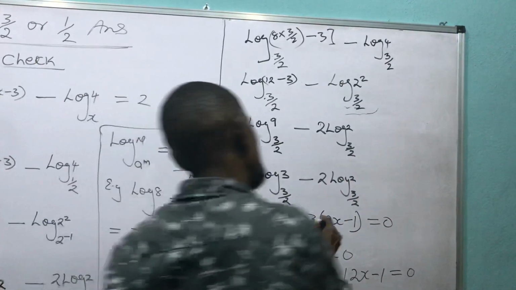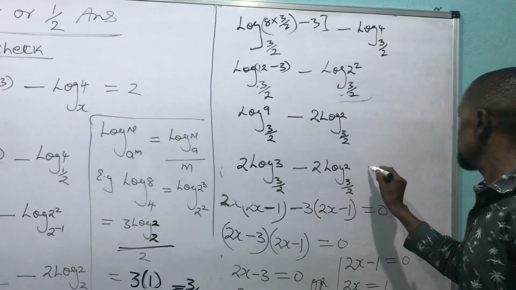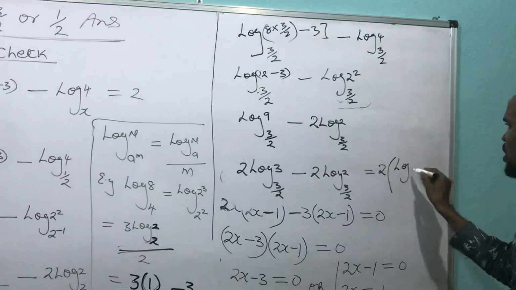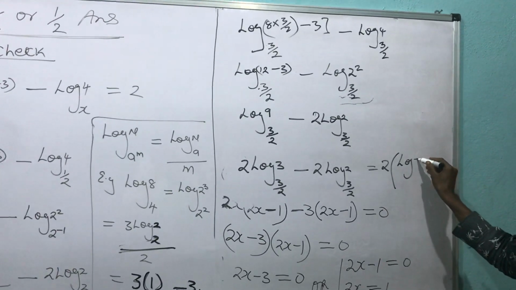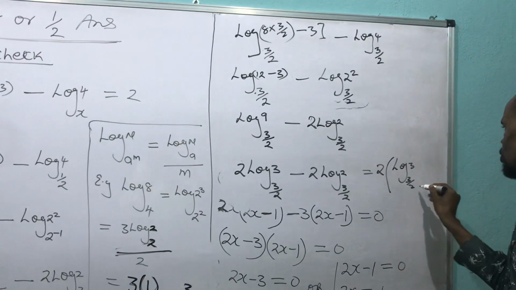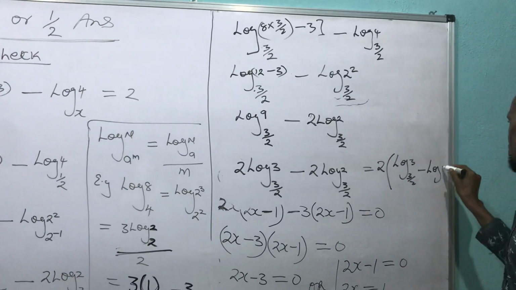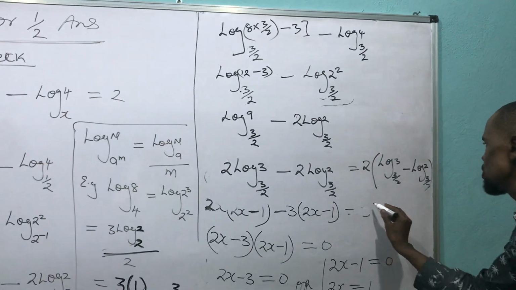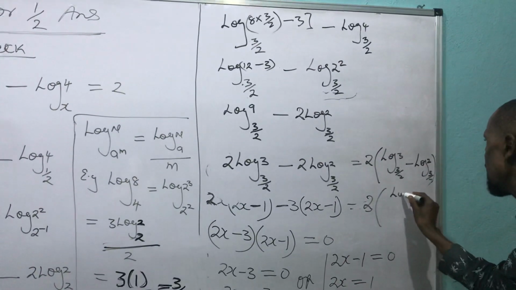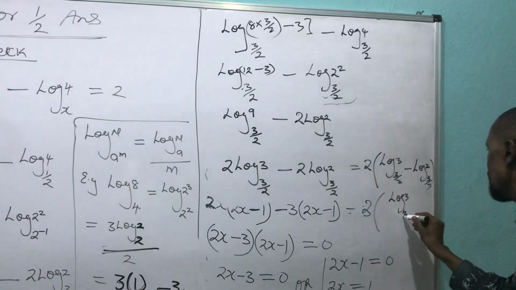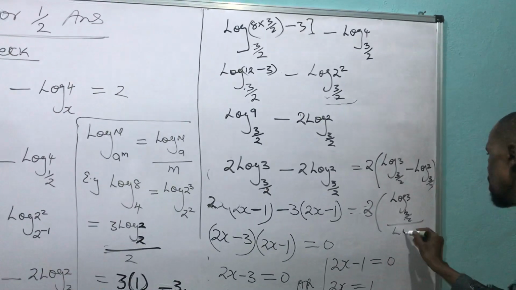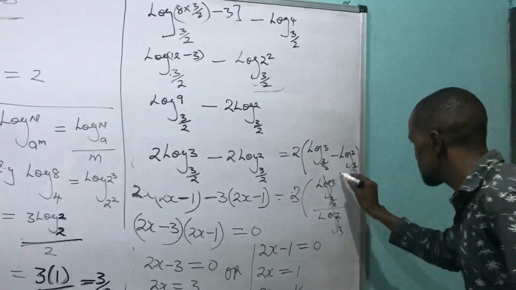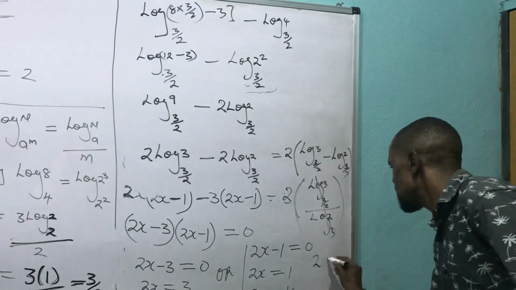And what is common over here? 2 is common. I bring it out. I have 2 into log 3 base 3 over 2 minus log 2 base 3 over 2, which is the same thing as 2 into log 3 base 3 over 2 divided by log 2 base 3 over 2, which will cancel out, leaving me with 1, and the answer becomes 2.